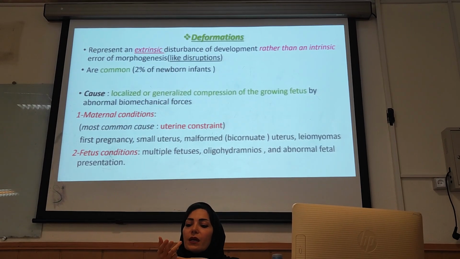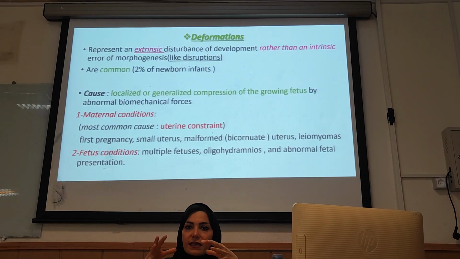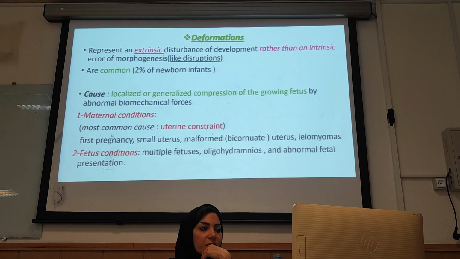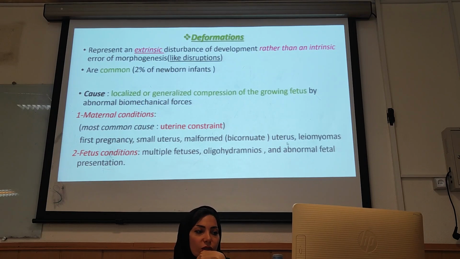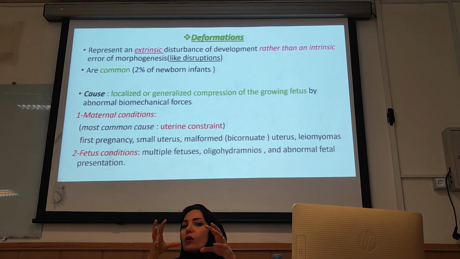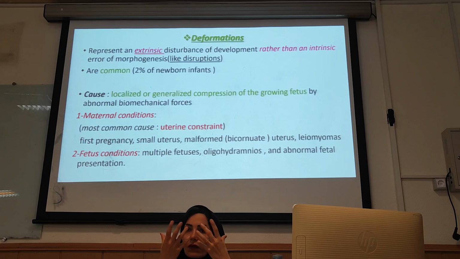For example, a small uterus, or in a first pregnancy the uterus is not sufficiently opened, or a malformed or bicornuate uterus, or presence of leiomyoma, for example intramural or submucosal leiomyoma in the uterus, can lead to a smaller space for the fetus to develop.